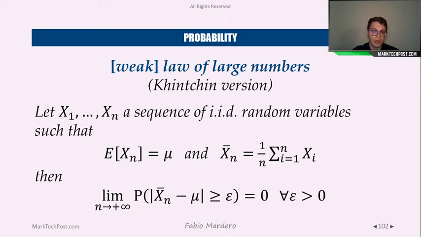And now I want to point out two other properties about random variables. And the first one is the weak law of large numbers. That's also a stronger version of the law of large numbers. In particular, I present this version. There are several ones. There's even one from Bernoulli. So let's consider a sequence of n random variables.